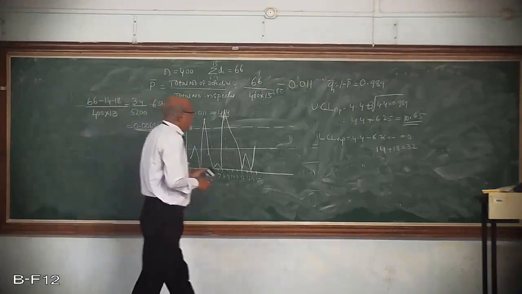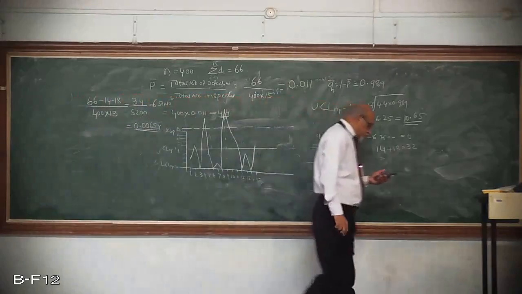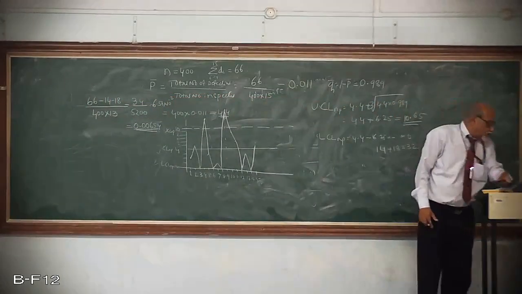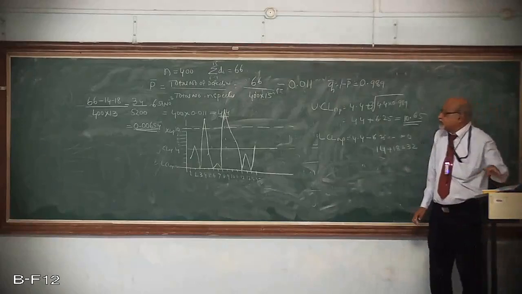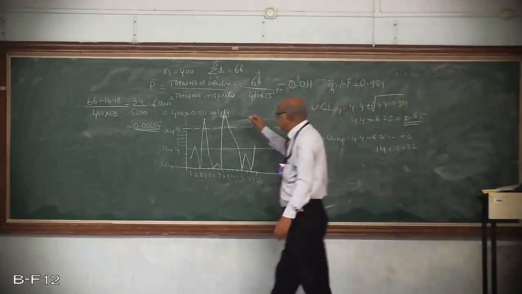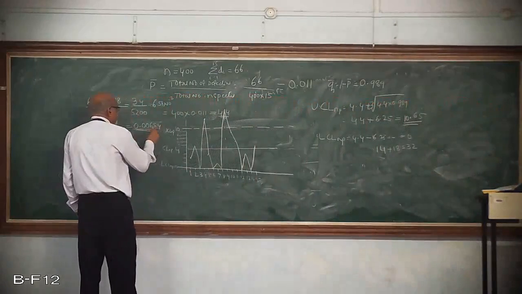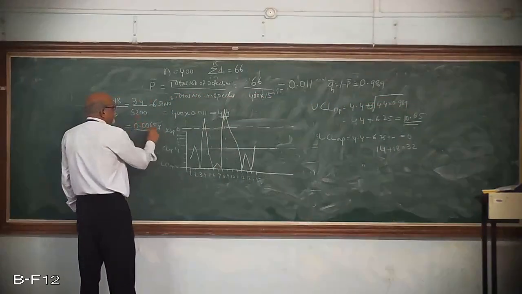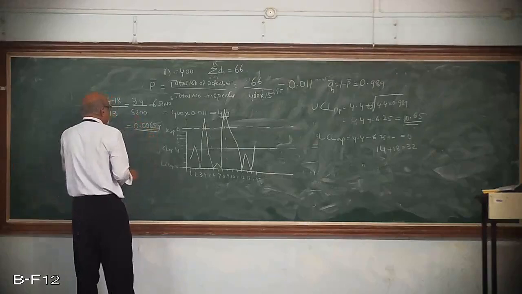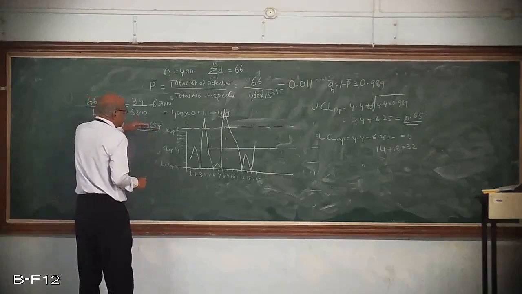Try to see, earlier the fraction defective was 0.011. Now the average fraction defective has been reduced to 0.00654.